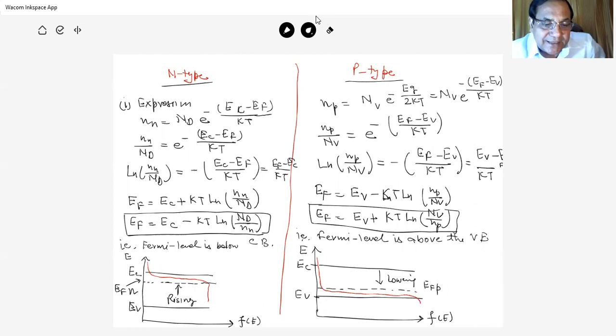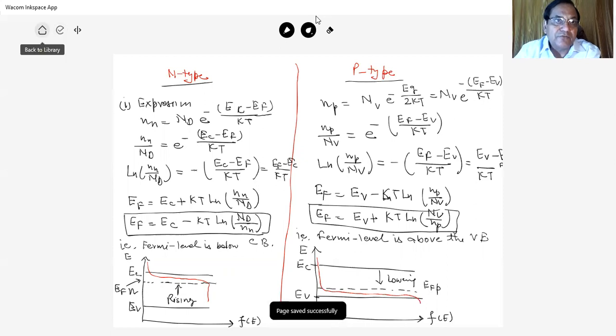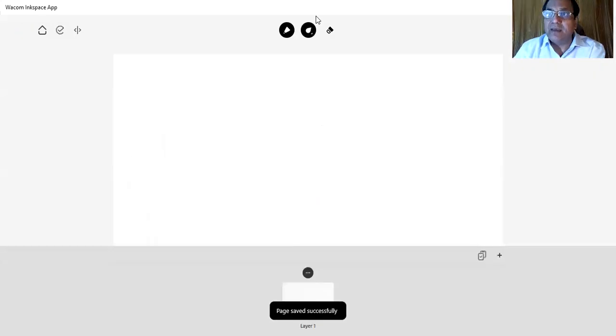So what happened in this case, as we have discussed, by doping of pentavalent and trivalent impurities, when there is a formation of p-type and n-type semiconductors, then the Fermi level will shift.